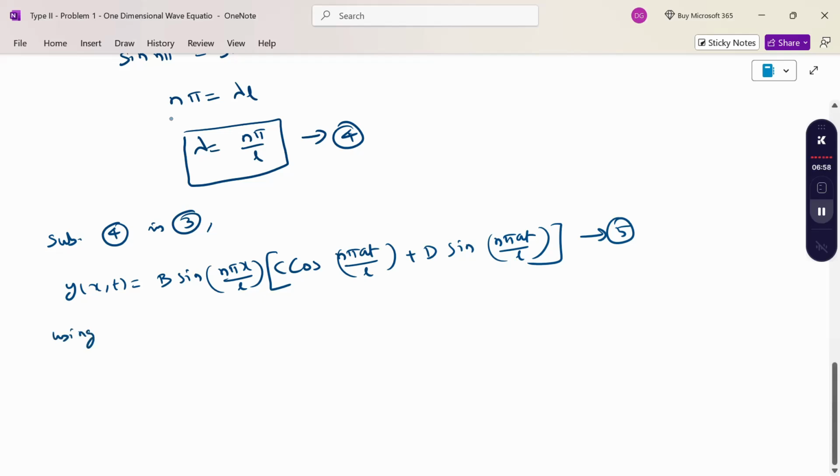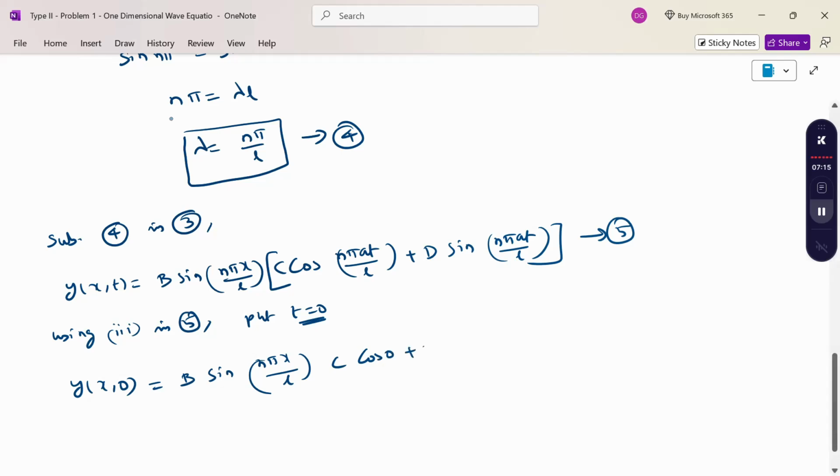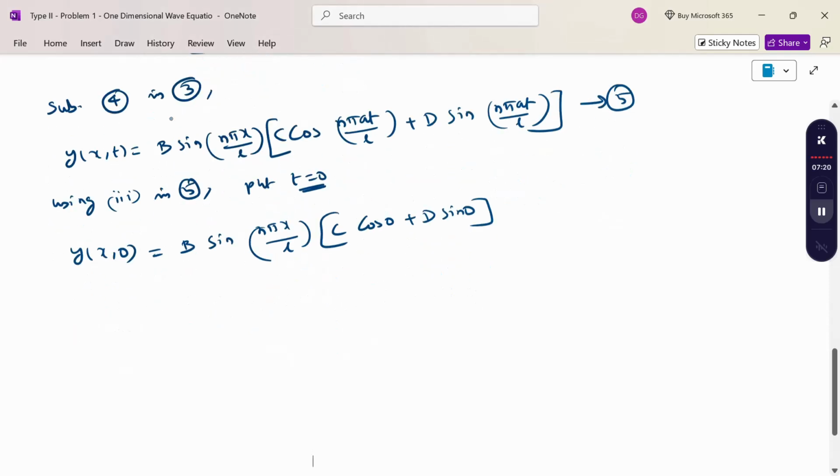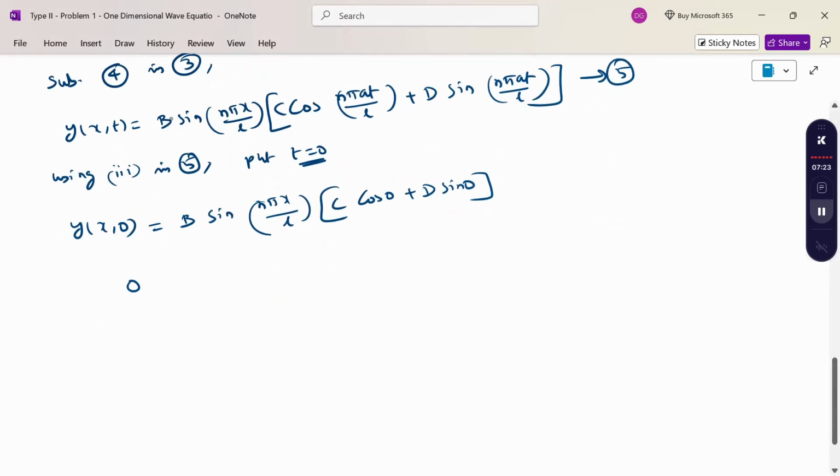Next, using condition 3 in equation 5. Condition 3 is t equal to 0. So y(x, 0) = B sin(n pi x / L)(C cos 0 + D sin 0). Since cos 0 is 1 and sin 0 is 0, and the left hand side is 0 because there is no initial displacement, we get 0 = B sin(n pi x / L) times C. These terms are non-zero, so C equals 0.